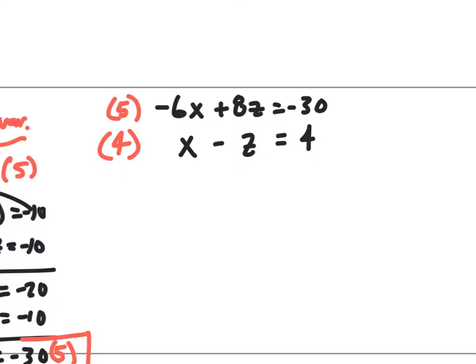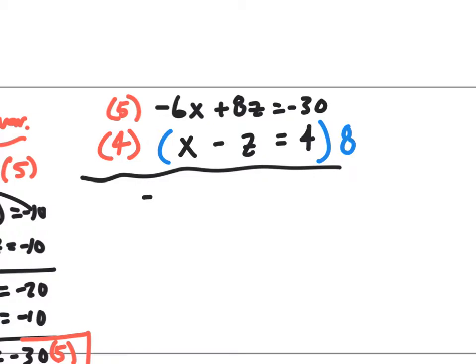So, let's go ahead and do this. Doesn't really matter which one you do, but I'm going to take 8 and multiply this equation by 8. And that's going to give me, let me rewrite the top one, negative 6x plus 8z is equal to negative 30.